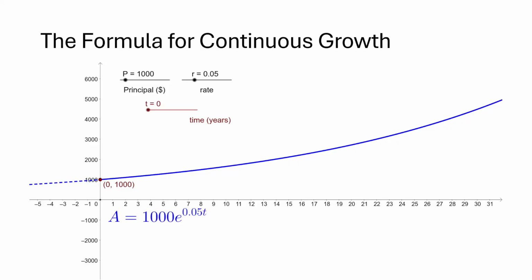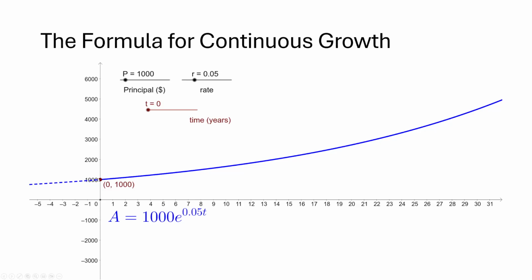Well, think of principal like this: you're investing an amount. Like in this picture here, I invested $1,000. We have a rate of 0.05, this is our interest rate. And then t is years. Again, this is like a slider here; t is going to be increasing.